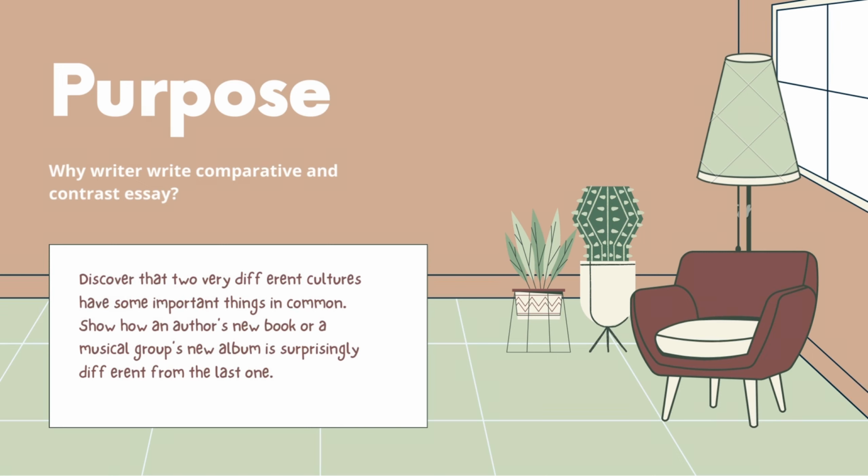This essay can be written to discover that two very different cultures have some important things in common, or when the writer wants to show how an author's new book or a musical group's new album is surprisingly different from the last one. So it's a kind of comparative and contrast essay also.